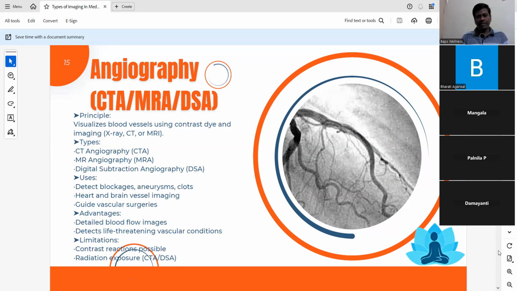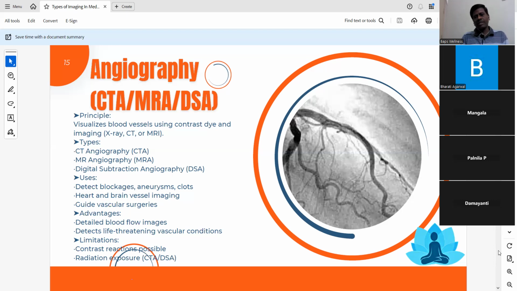So the types, depending upon the rays used, are CT angiography, MR angiography or digital subtraction angiography.